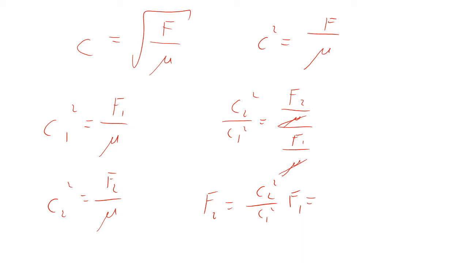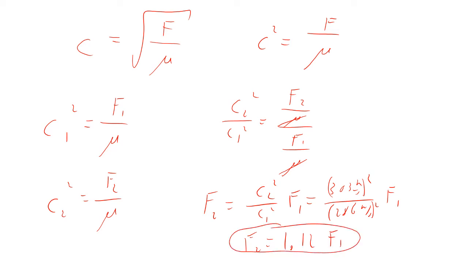So that would be equal to 303 meters per second squared divided by 286 meters per second squared times F1. And so what I find is F2 is equal to 1.12 F1.